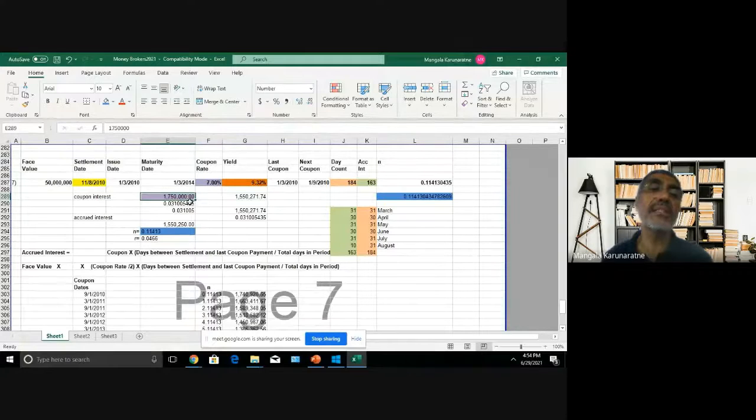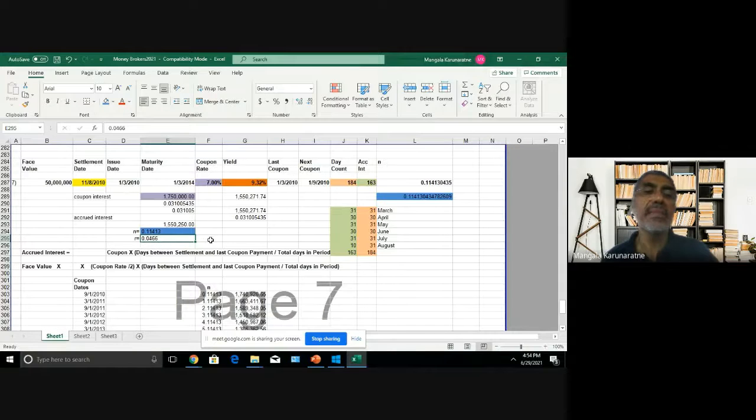You get 3,500,000, but half of it only you have taken. So R also you have to take half of it: 9.32 divided by 2 and divided by 100, because this is a percentage. So then you get R equals 0.466, right?